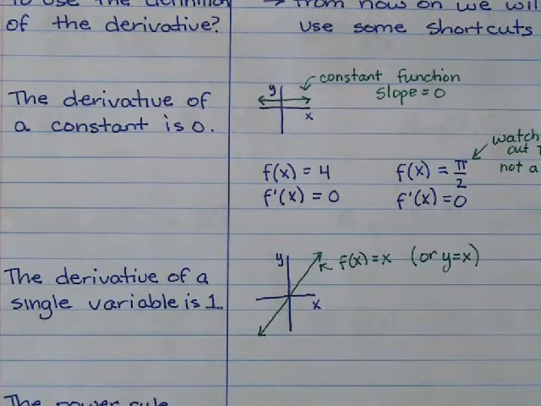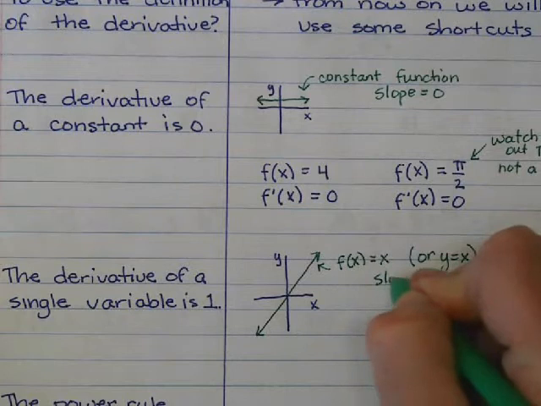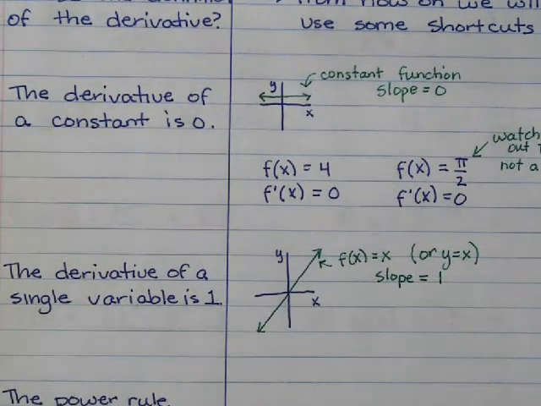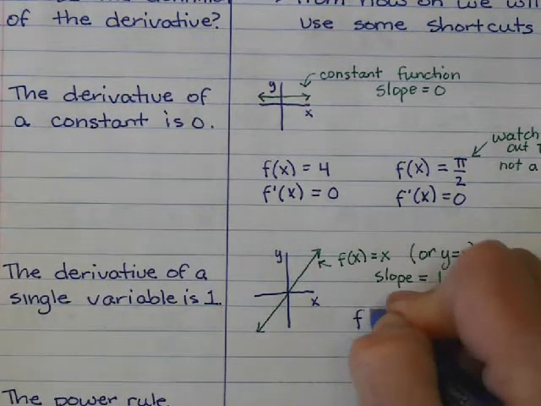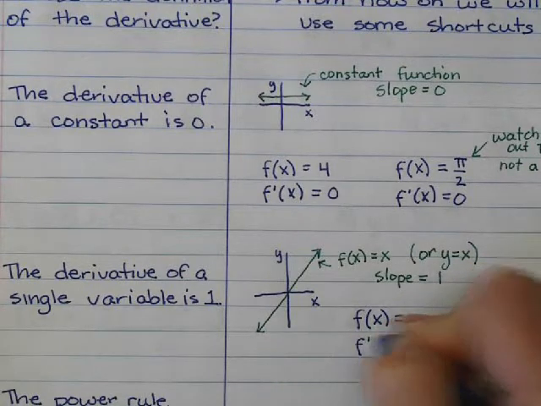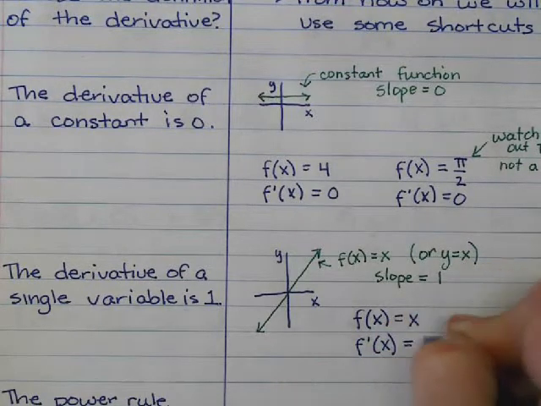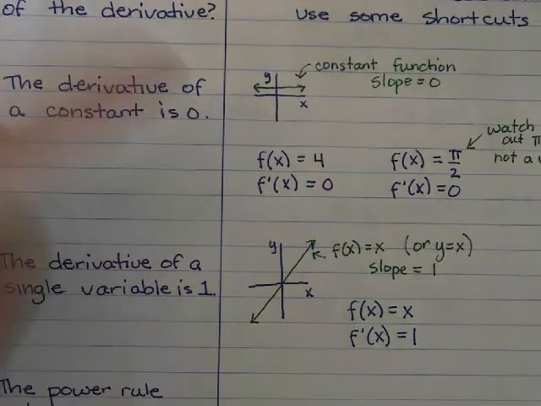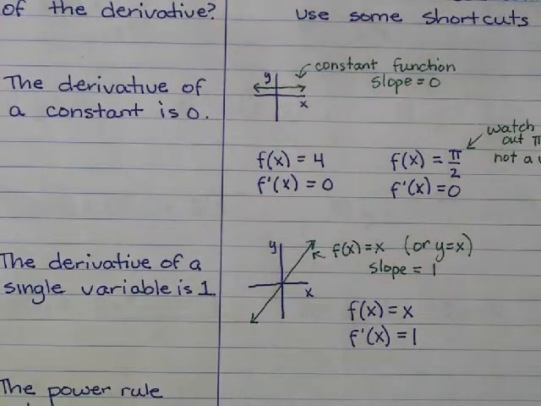Well, that line always has a slope equal to 1, no matter what. Okay, so really you're just going to remember that if you have that function, the derivative of that function is 1. Okay, so those two should make sense of why they do that.